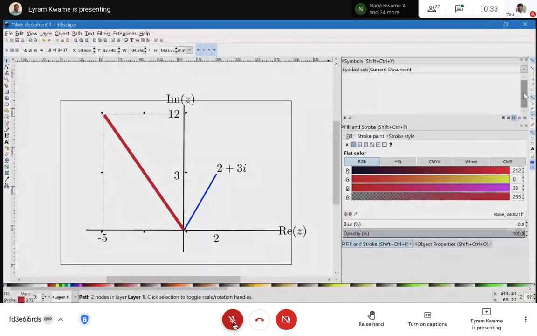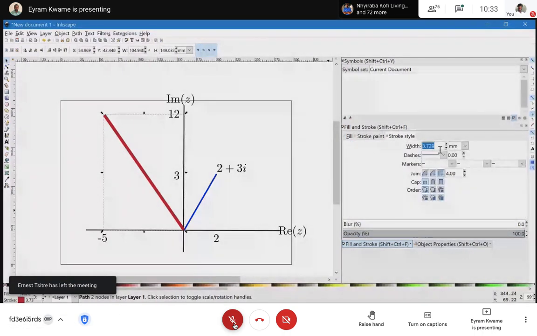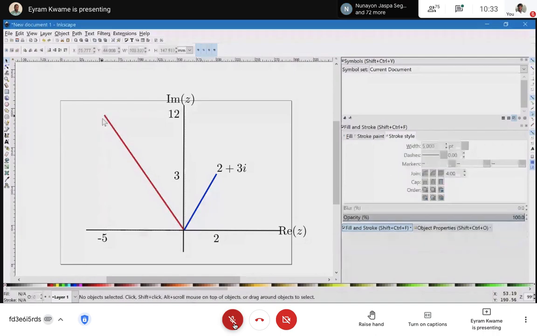I'll change it to 5. Good. And this now is what? Negative 5 plus 12i, which is z squared.